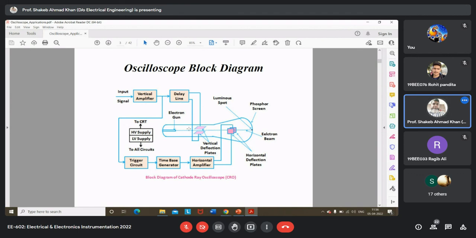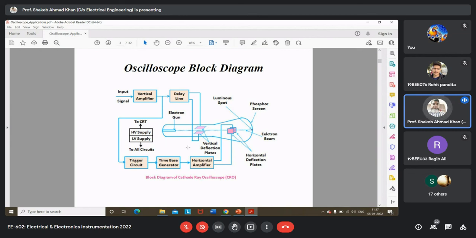The vertical deflection represents the amplitude of the signal. So whether your signal is high or low, we have to scale it up or down to the required level so that a meaningful and proportional deflection can be seen on the screen.